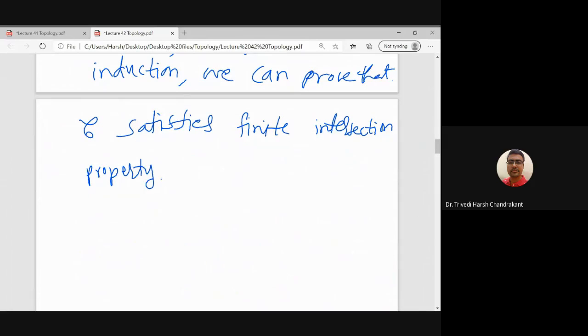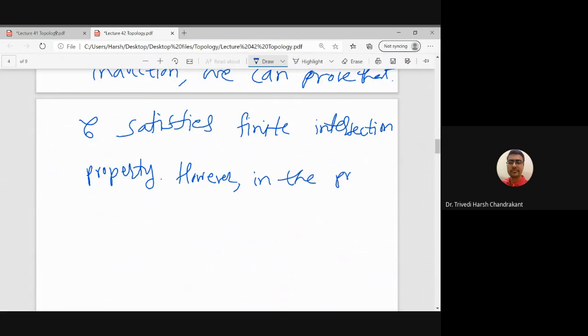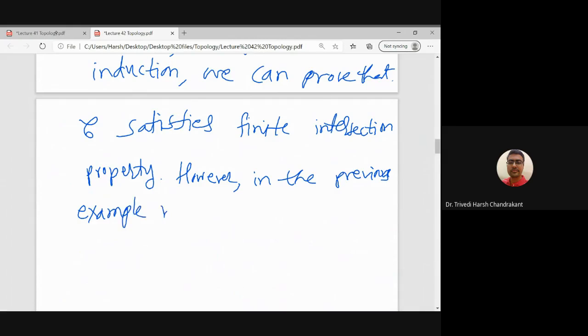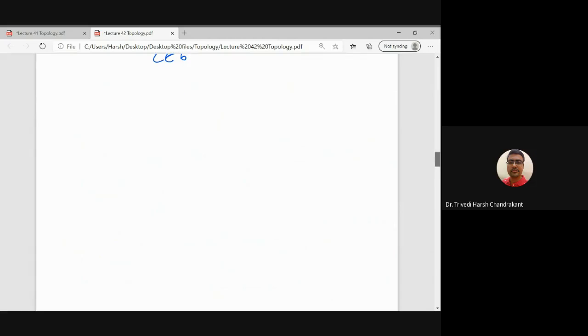So C satisfies the finite intersection property. However, in the previous example, we observe that the total intersection of elements of C is the null set. Right.